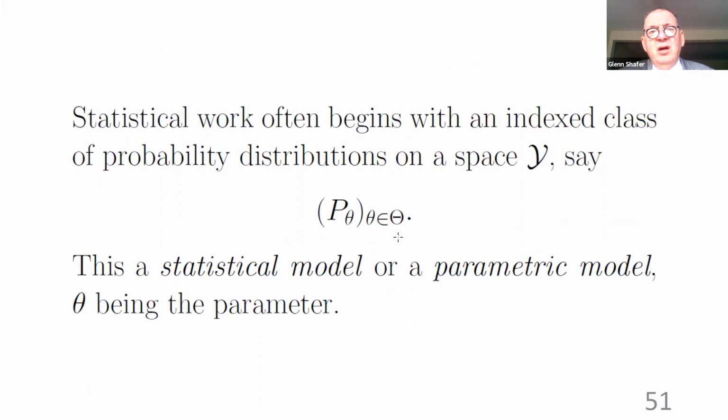So instead of having a single probability distribution on the sample space, you could have a parametric class of probability distributions parameterized by theta. This was R.A. Fisher's notation. It has really almost defined the field of statistics.